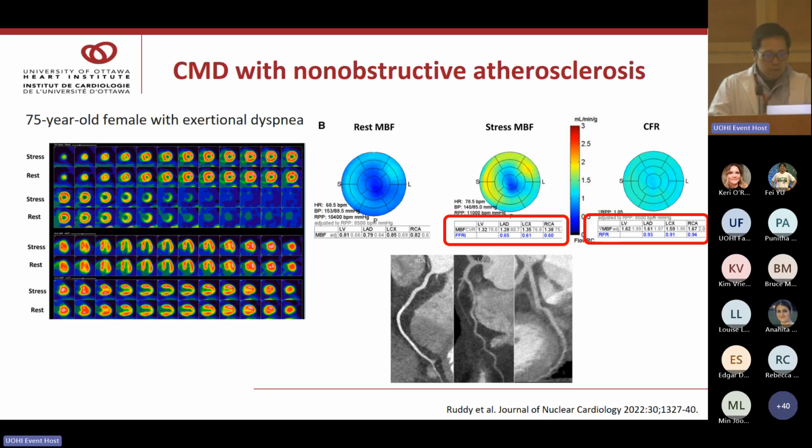And the stress MBF here was moderately reduced, 1.32, and the MFR was mildly reduced, 1.62. So coronary CT angiography showed minimal non-obstructive coronary atherosclerosis. So these findings are consistent with coronary microvascular dysfunction.